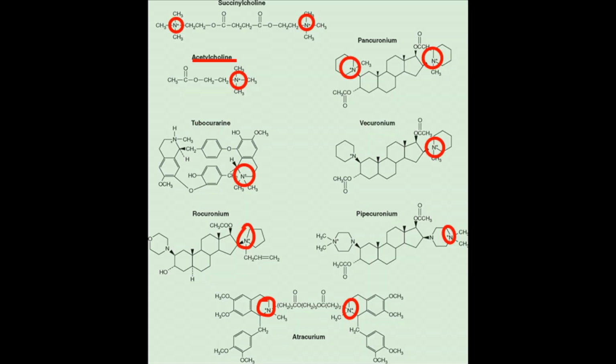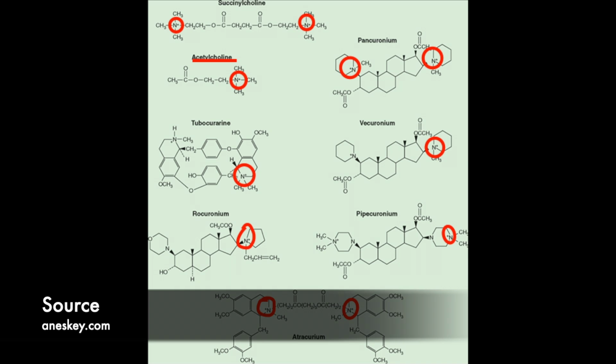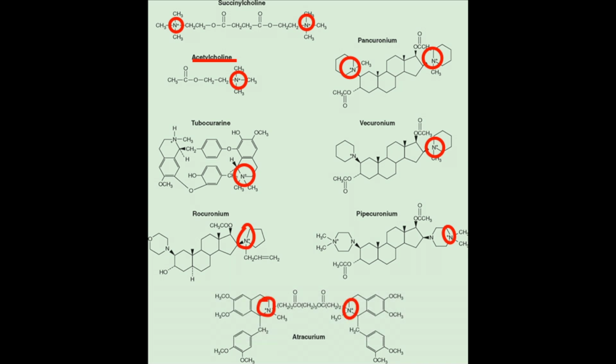Looking at this diagram here, we can see acetylcholine underlined in red, and I've also circled this quaternary amine, which is basically a nitrogen bound to 4 other things, and because of the way nitrogen is, it will have a formal charge of +1, so it's going to be positive.